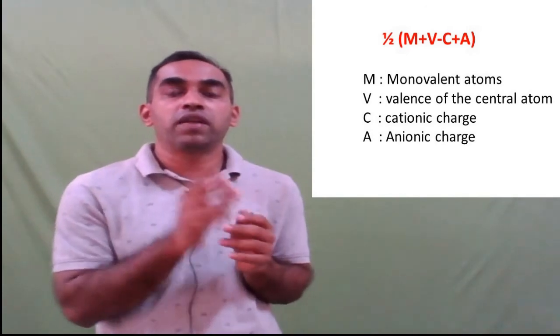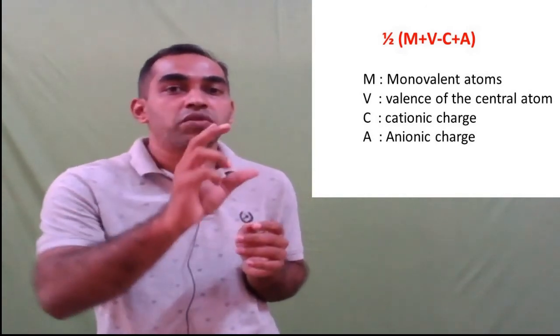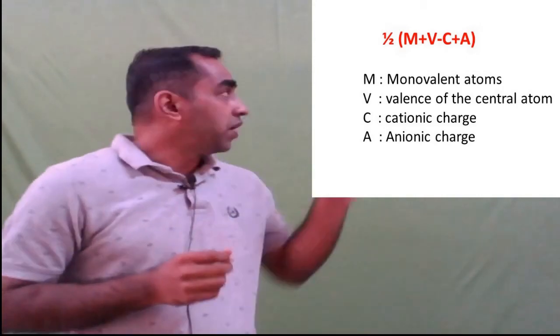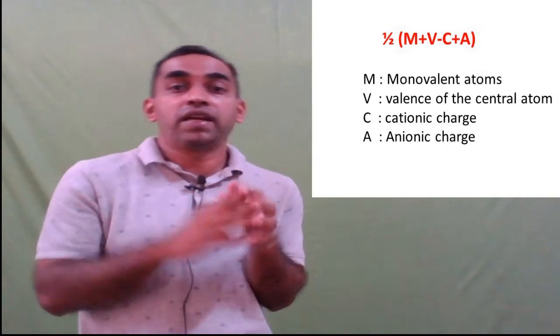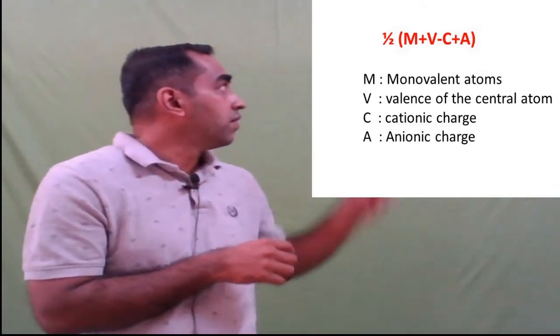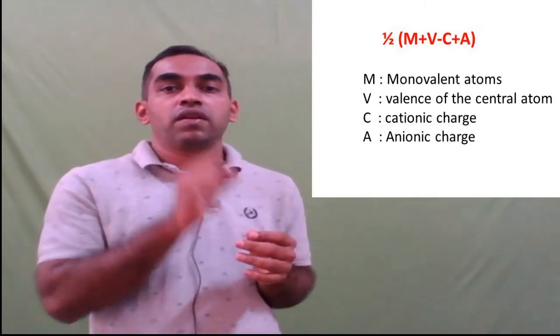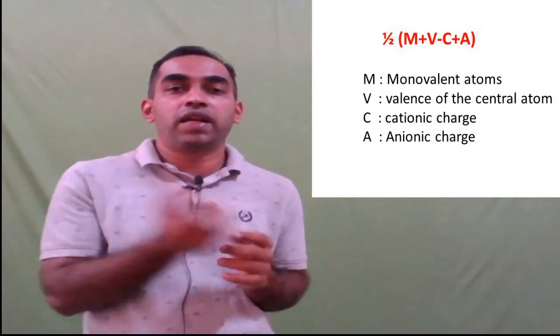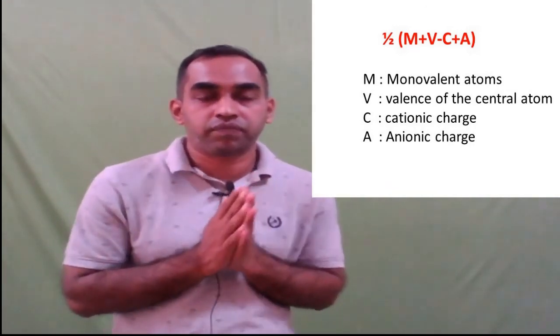Here m denotes the number of monovalent atoms attached to the central atom, plus v, the valency of the central atom, it can be a metal atom if you consider inorganic complexes, minus c plus a. c is the cationic charge, that is plus 2, plus 3 like that, and a is the anionic charge.